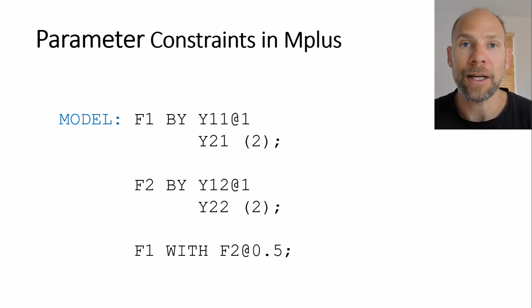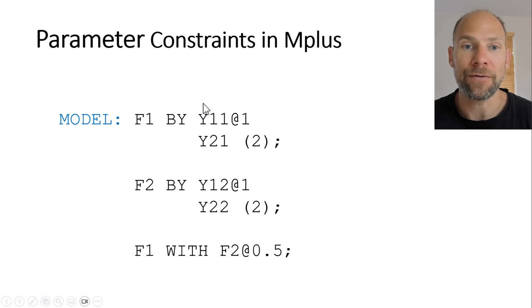So here I'm using Mplus for setting up a model with 2 factors and with the loadings constrained in that same way that I showed you on the previous slide, as well as the covariance here constrained. And so you can see that in Mplus we're using the at symbol to fix a parameter. So here the first loading is fixed at 1, and in fact Mplus would do that by default for each factor.